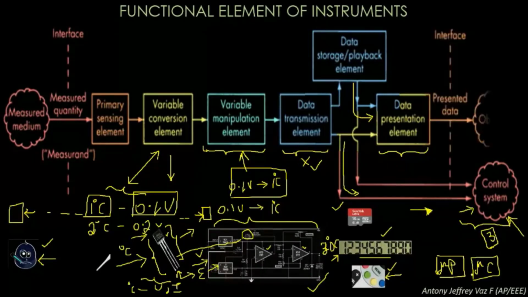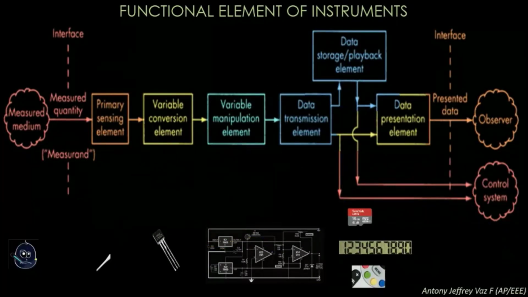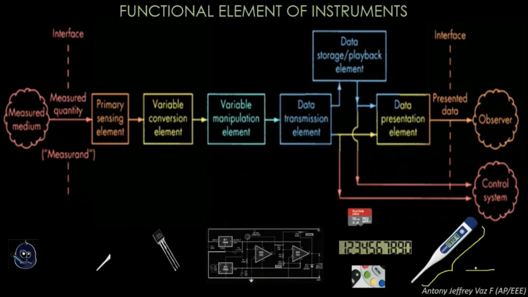Okay, next you will be having the data presented to the observer, that is the final data which is being presented to the observer, that is the thermometer itself. Here is the complete thermometer where the observer, the nurse or the doctor, can read the temperature of the patient body.